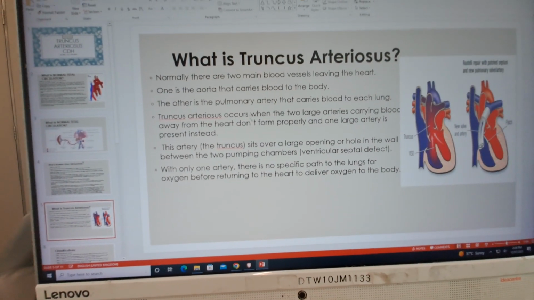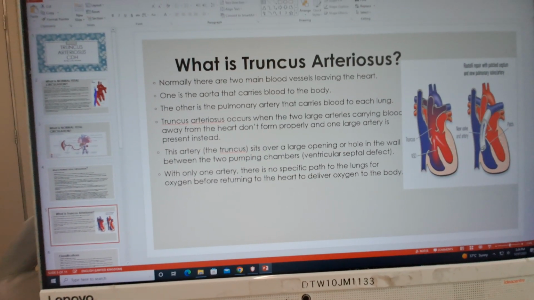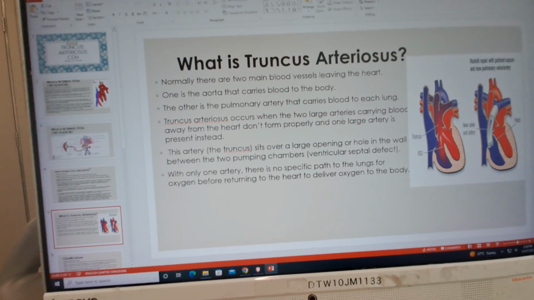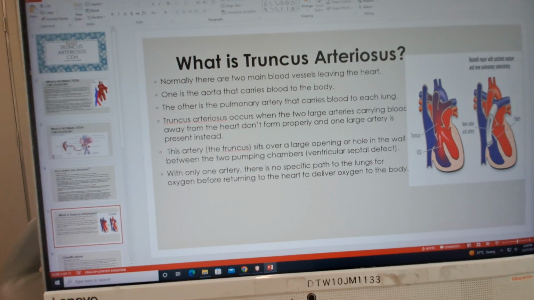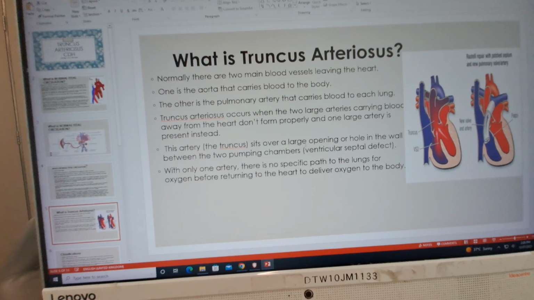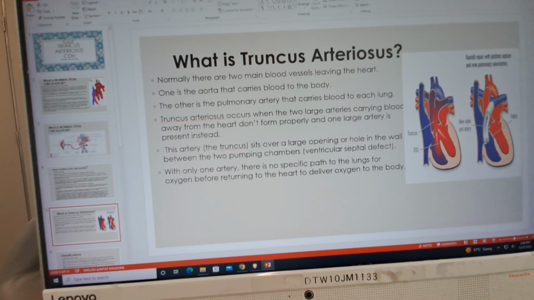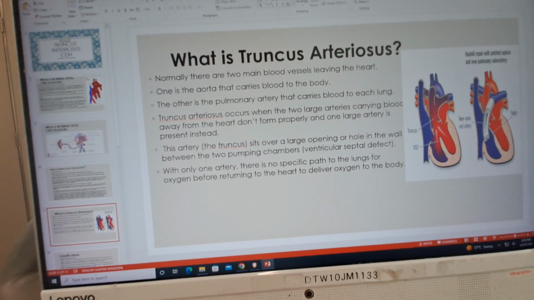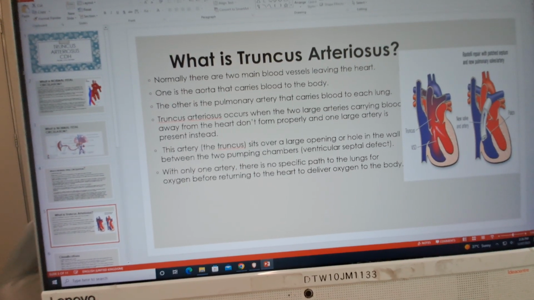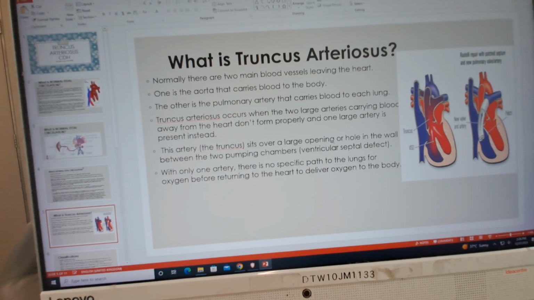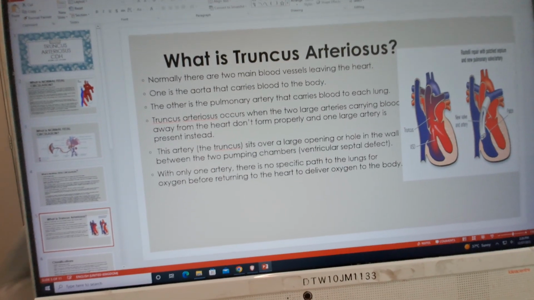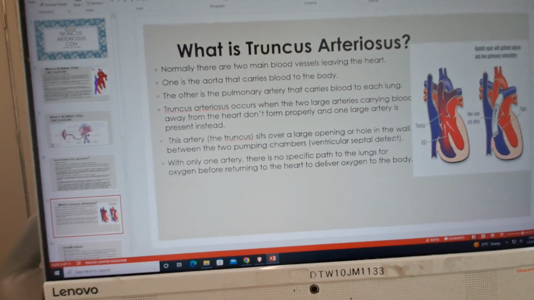But in truncus arteriosus, there is only one large artery carrying blood away from the heart, called the truncus arteriosus. It has one large valve opening over both ventricles, and there is also a ventricular septal defect between them.